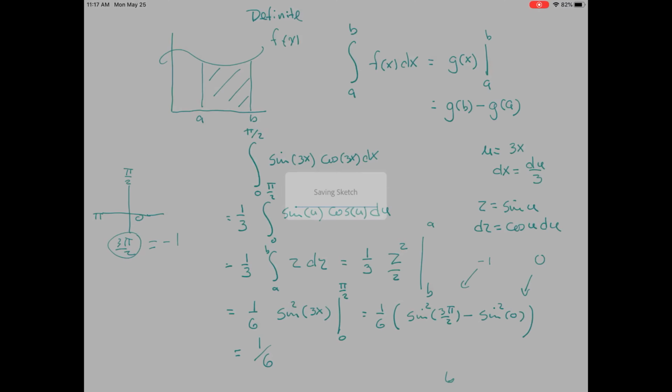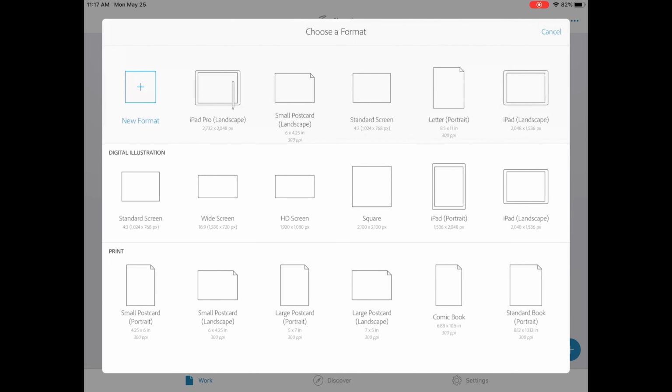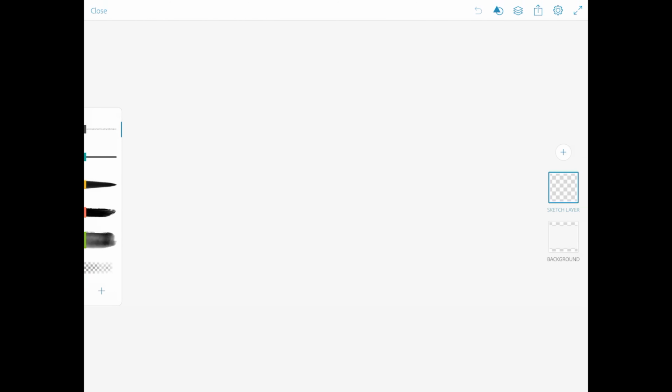So -1 squared is 1 times 1/6, so our answer is 1/6. So that's a good example of a definite integral. And we got a couple more here that we can choose and give as examples.